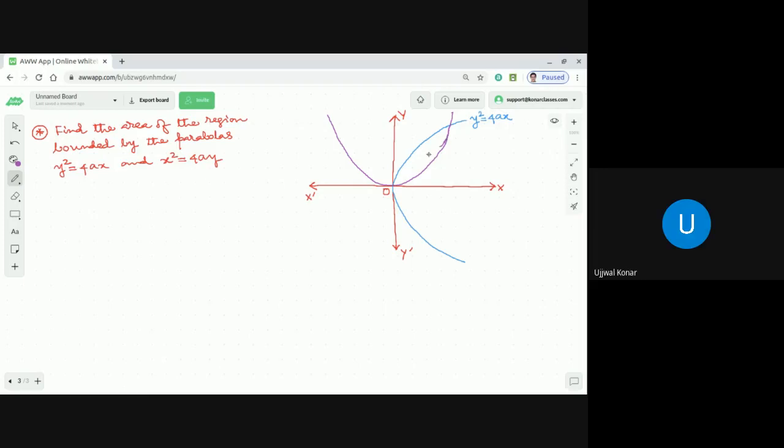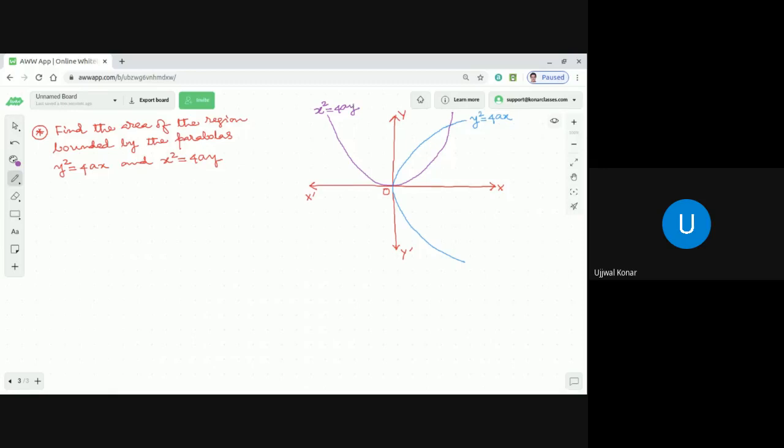Sagnik, absolutely clear? Disha? Divansu, clear? Srijita? So then this equation is x square equal to 4ay. Anyone has any difficulty so far?